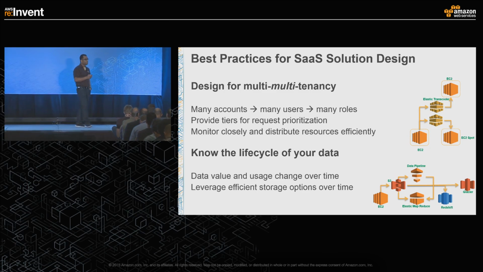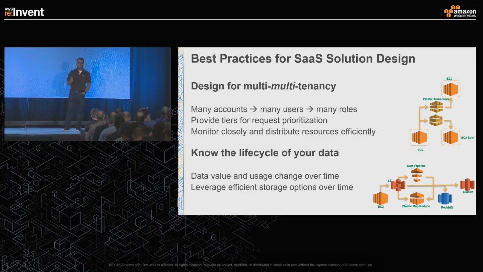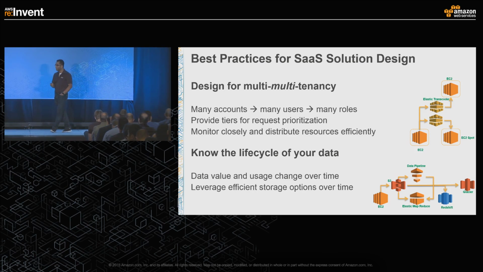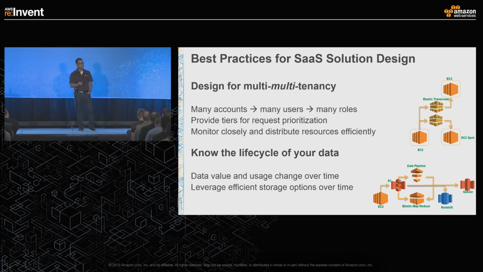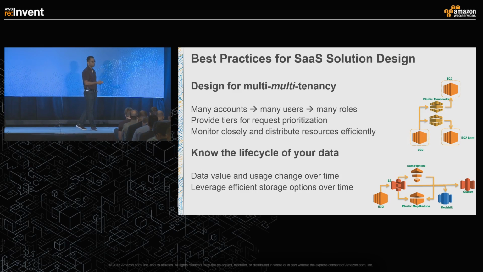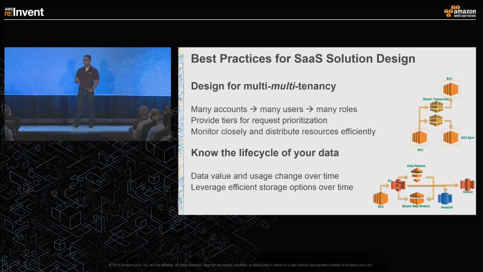You can provide tiers for request prioritization. So going back to the earlier example of a free tier and a premium tier, perhaps the free tier, those requests will go into a low priority queue. And that queue may use spot instances, very low cost spot instances. And then for premium customers, it'll go into a high priority queue, which will get executed as necessary to maintain a certain SLA.